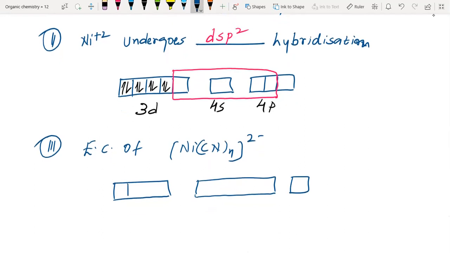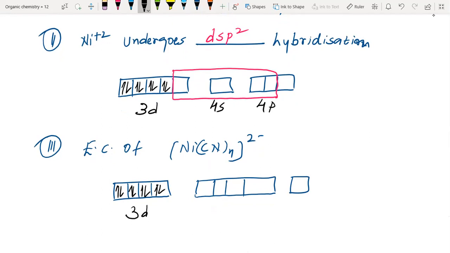So the electrons in 3d are the electrons of the metal itself.